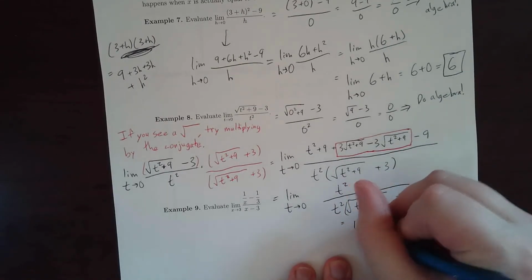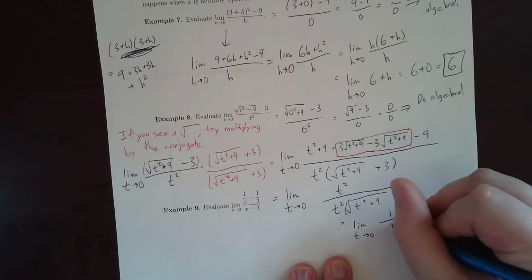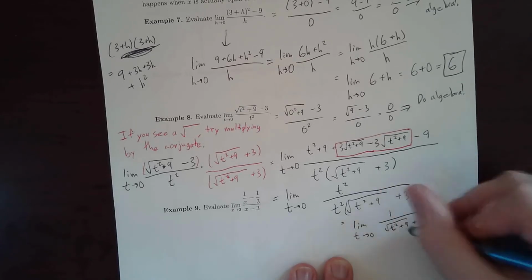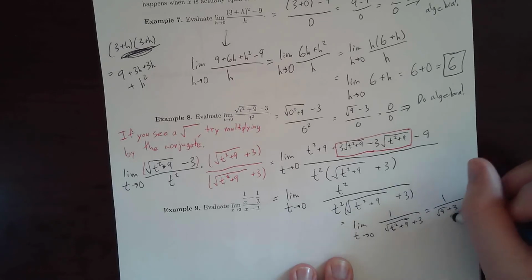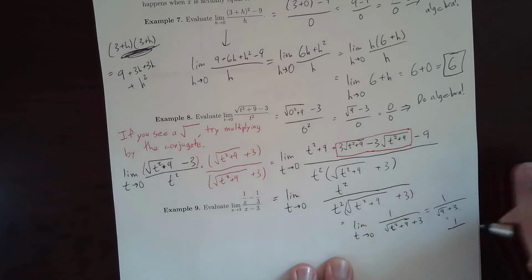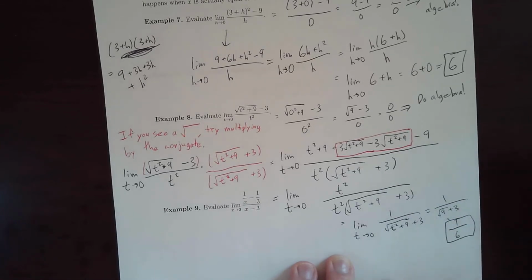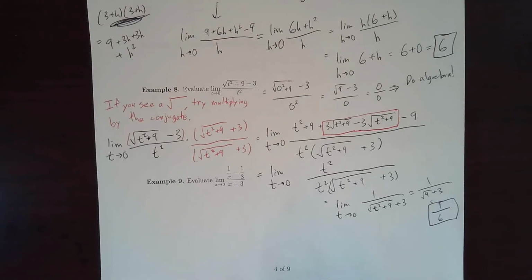And we'll have the limit as t approaches 0 of 1 over the square root of t squared plus 9 plus 3. And so plugging in now, we'll get 1 over the square root of 9 plus 3, or just 1 over 6. And so that'll be the second of our limits.